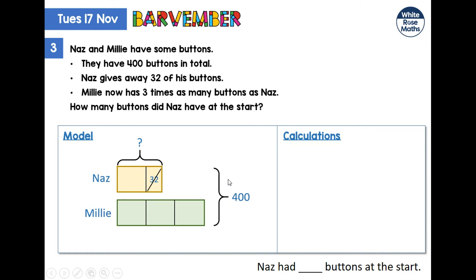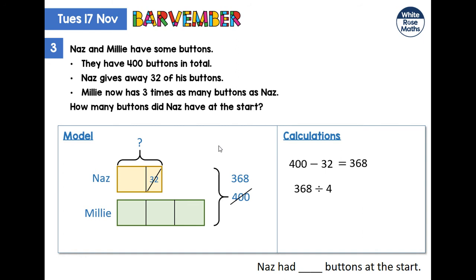Now, this is where bar modeling is brilliant, because everything that's in that worded story, which was actually quite complicated, is now in our picture model. So we don't need to refer back to that. We just need to see if we can go ahead and solve this. So let's see what happens.